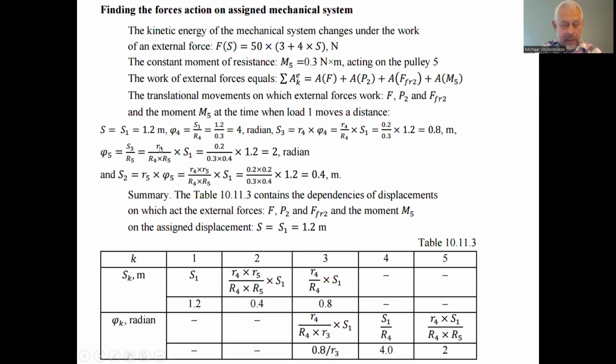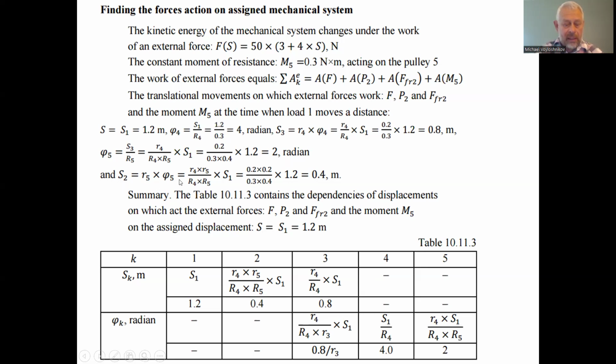After we set the data of R4 uppercase, R5 uppercase, etc., when S1 is the displacement of the first load, the angle of rotation of the fifth pulley will be equal to 2 radians. And what will be the translational motion of the second load?